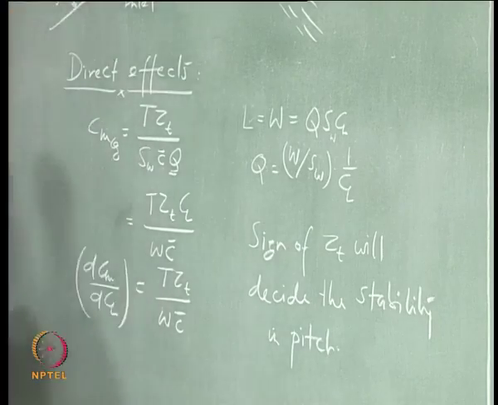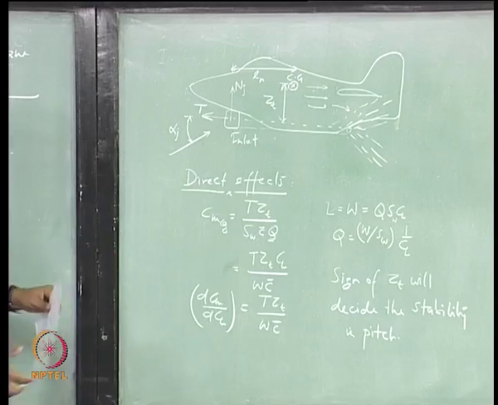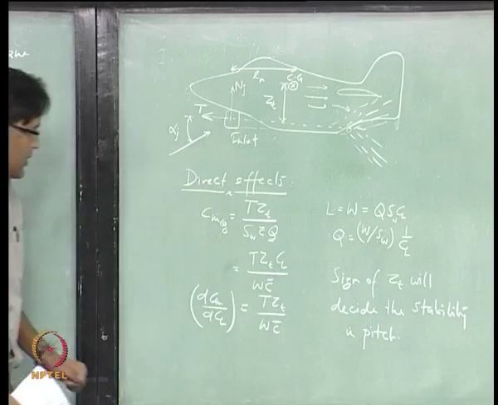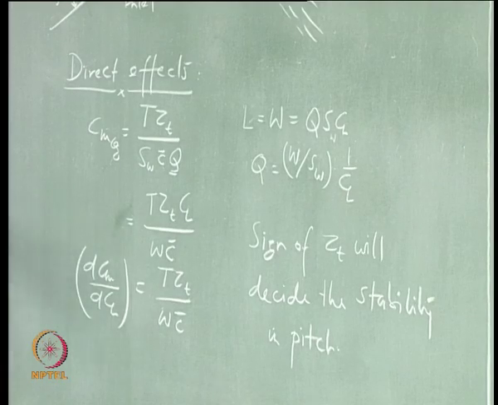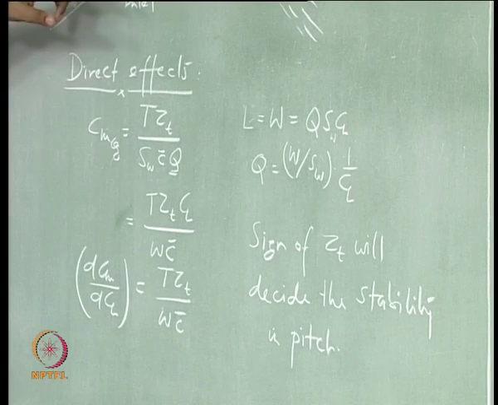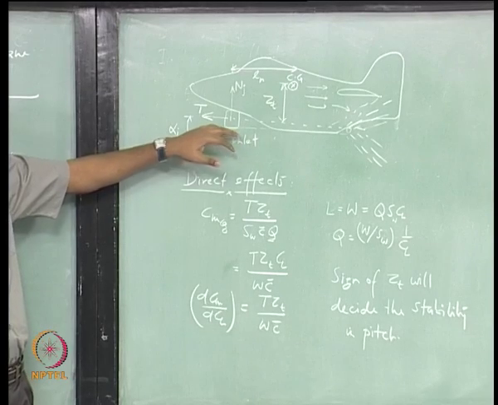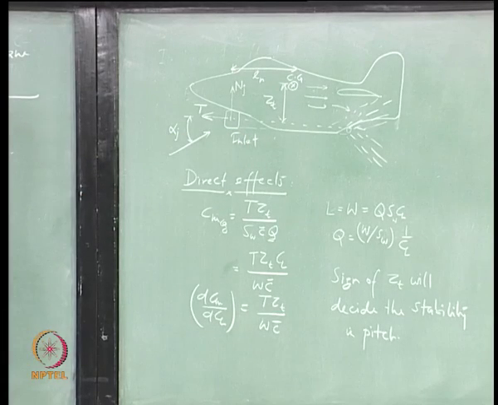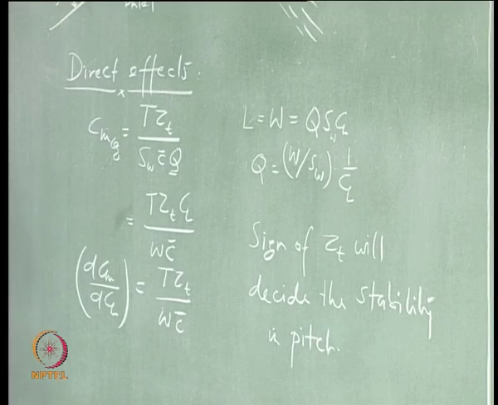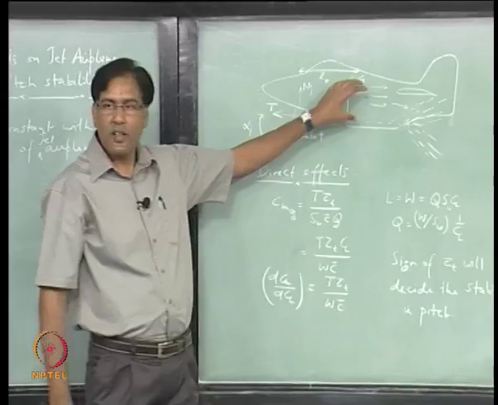Let us look at the other effect. So this is one effect. Clearly here ZT will define the stability. So where do you want the engine to be located? This ZT should be small.